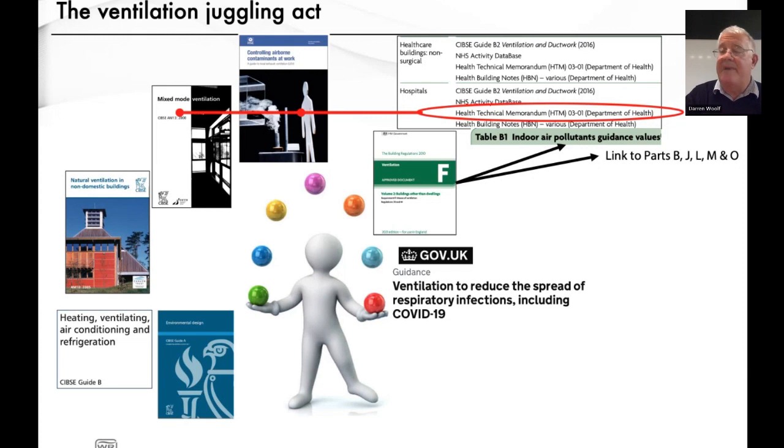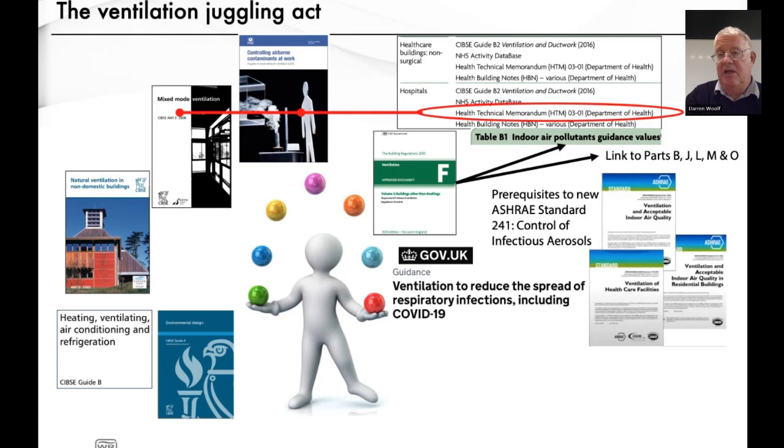Then coming out of the pandemic, we've got more recent guidance from the UK side. If you look at ASHRAE 241, it talks about these being the prerequisites to applying 241. It's talking about hopefully these may become part of the air quality standards within ASHRAE.